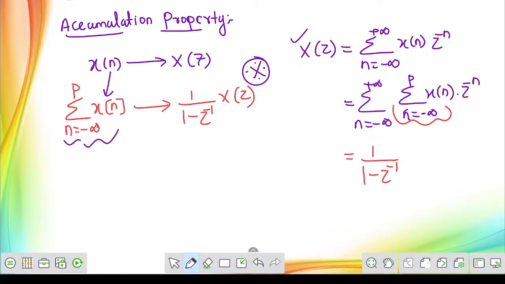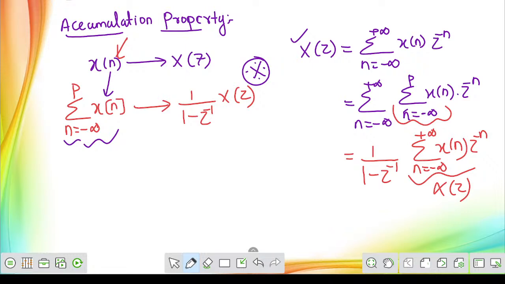Along with that, consider n equal to minus infinity to plus infinity of whatever sequence is given for x of n. Here we are taking a general value, but for x of n they will give some signal. Substitute that value with z power minus n. Then its corresponding z transform is going to be X of z, so X of z into 1 by 1 minus z power minus 1.